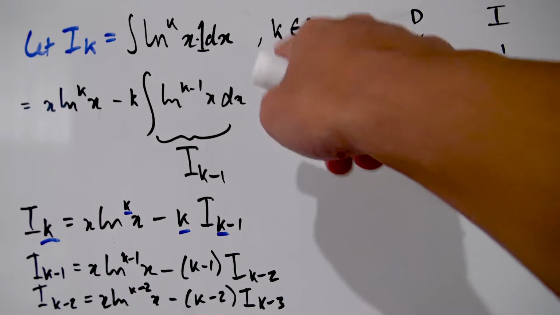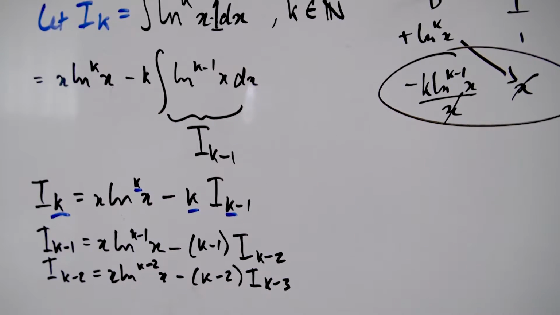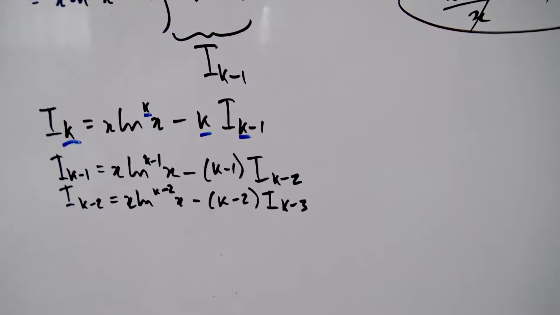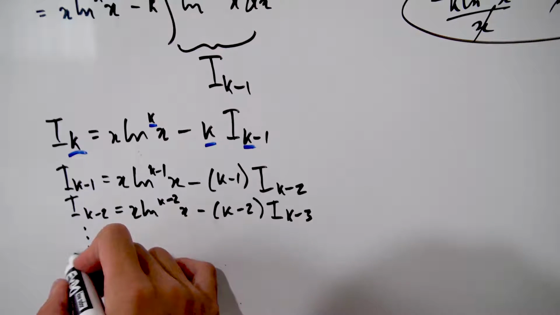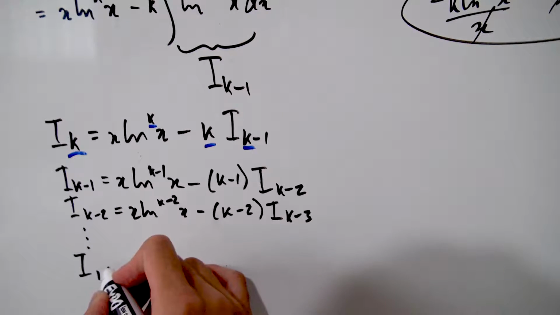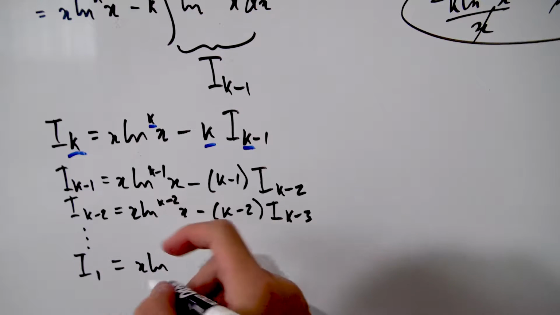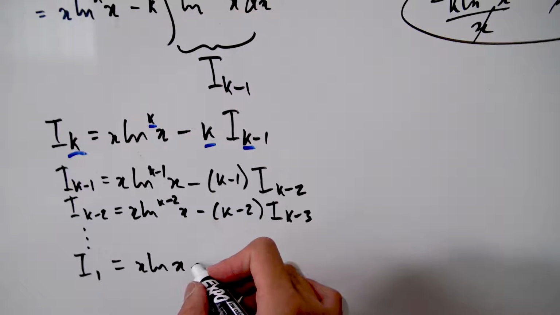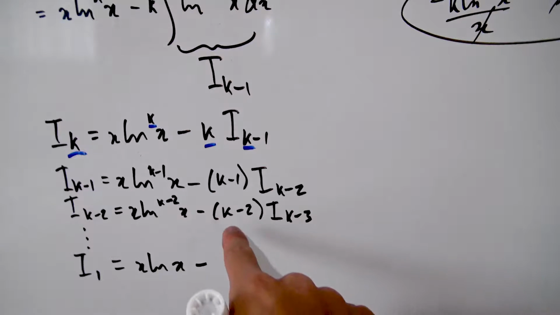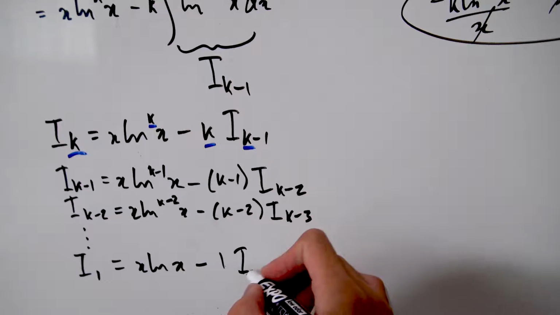And we can actually keep going with this process k times, and we'll end up with I sub 1, because remember, k is a natural number, so we will be destined to land on 1, which is also a natural number. So if we keep going with this process, we have I sub 1 being equal to x natural log, and this power turns into a 1, so let's just leave it out. So natural log of x minus, and this turns into a 1, and then we have I sub 0.